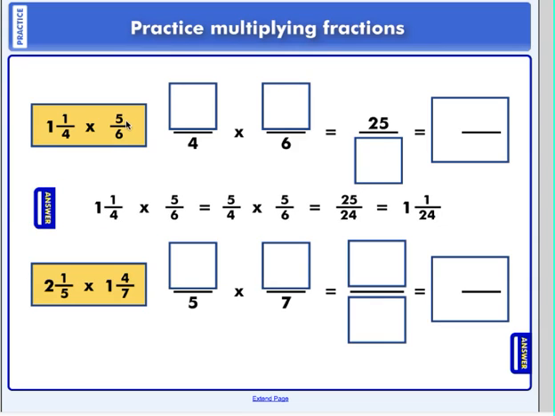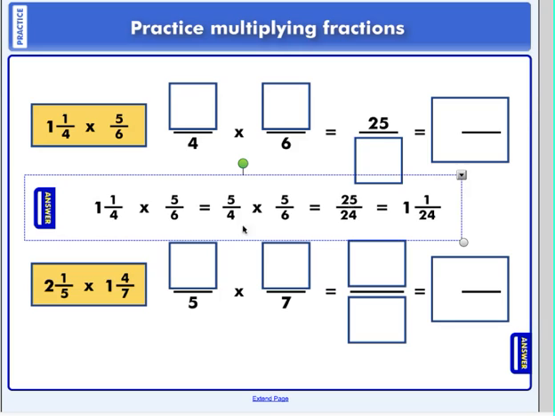And 5/6 is fine, so you've got 5/4 times 5/6. 5 times 5 is 25, 4 times 6 is 24. Simplify. 24 goes into 25 one time with 1/24 left over. So if you got 1 and 1/24, excellent job.